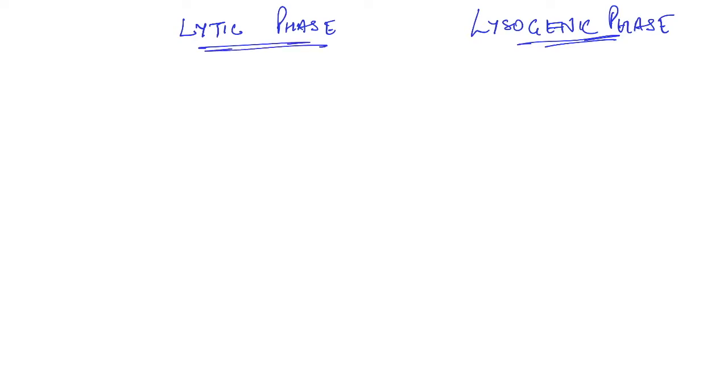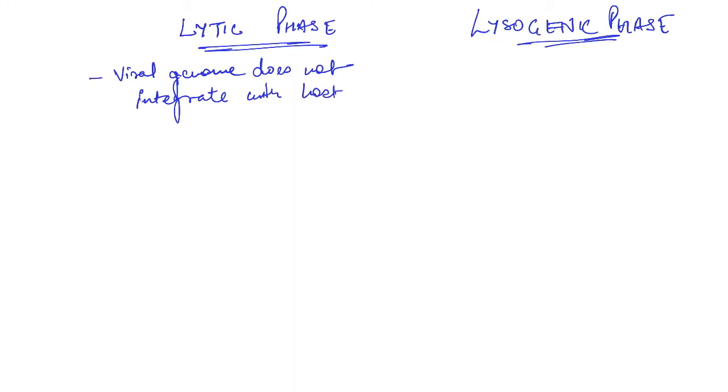Okay, so here the viral genome does not integrate with host cell. So what it does is it actually kills the entire mRNA and DNA of the host cell, and it produces certain proteins to develop the entire structures of the bacteriophage, which combines and forms individual bacteriophages.